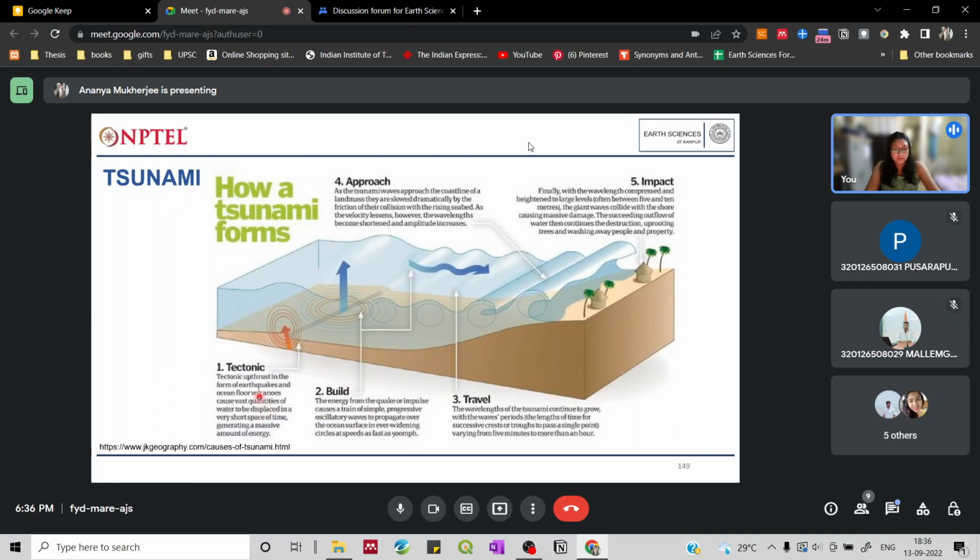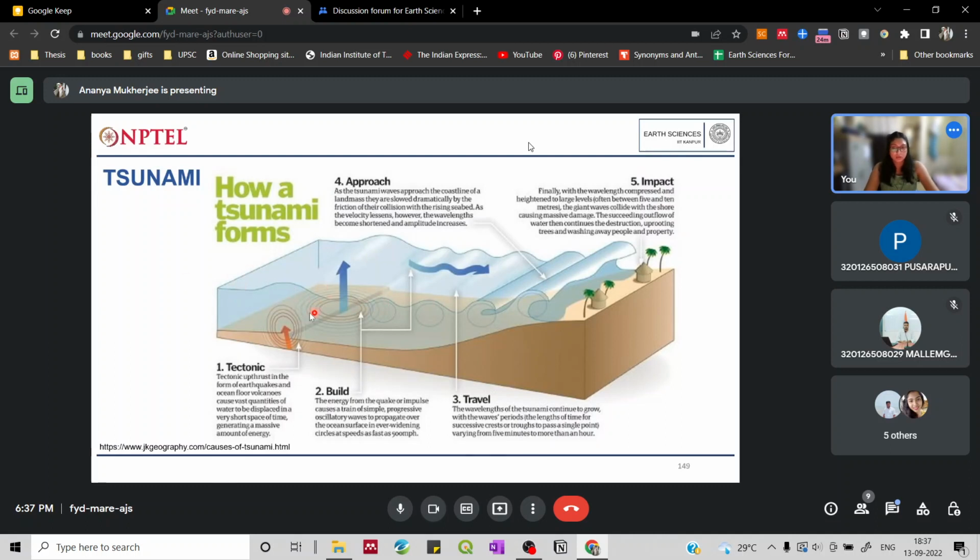Once the tectonic movement has happened and the water is displaced, the energy is going to cause the water around to move in the areas near it.